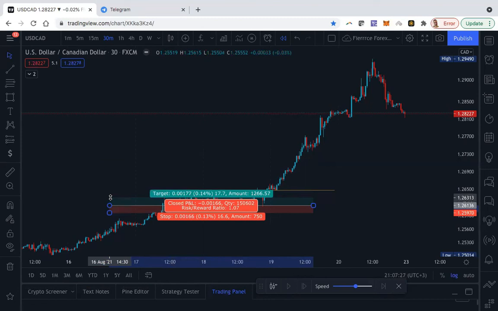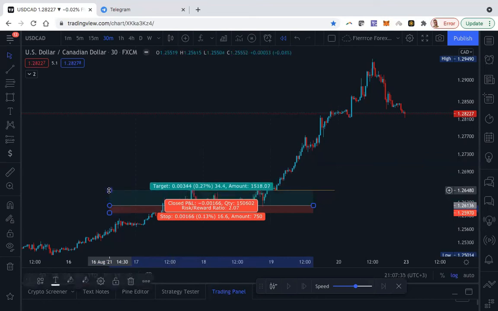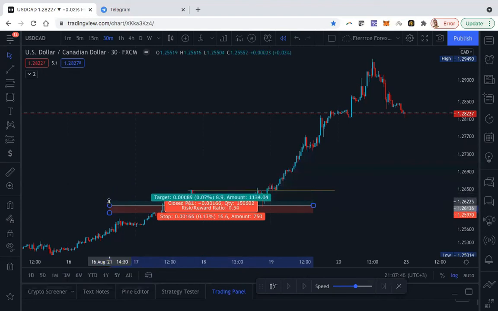So I'm going for 16 pips, I'm losing 16 pips. That makes sense, okay? I'm going for a 1:2. I'm risking 16 pips, I'm willing to take 30 pips off the table in profit. That makes sense, okay? But if you're doing 0.5, that means you're definitely going to be in loss at the end of the week.